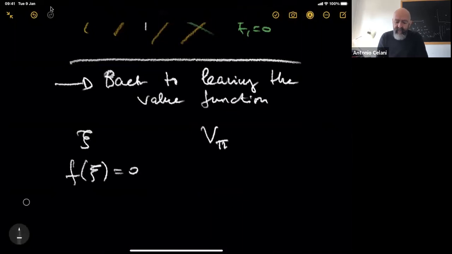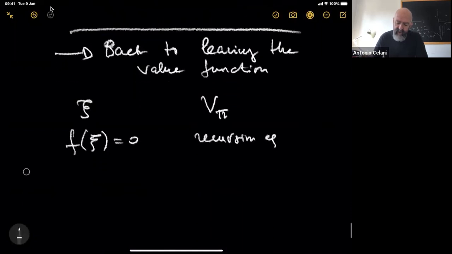Well, this is just the recursion equation, which in full, I recall to you, is a sum over a, s prime.